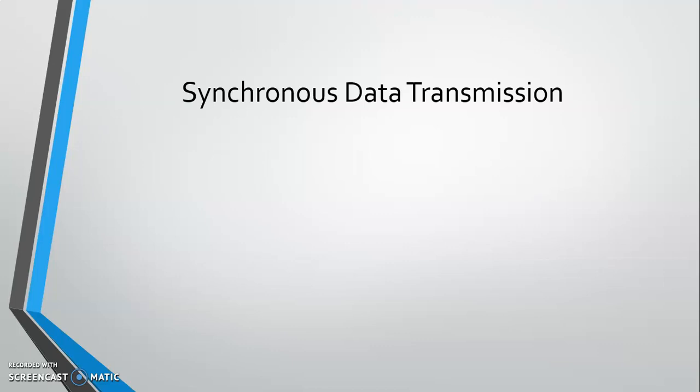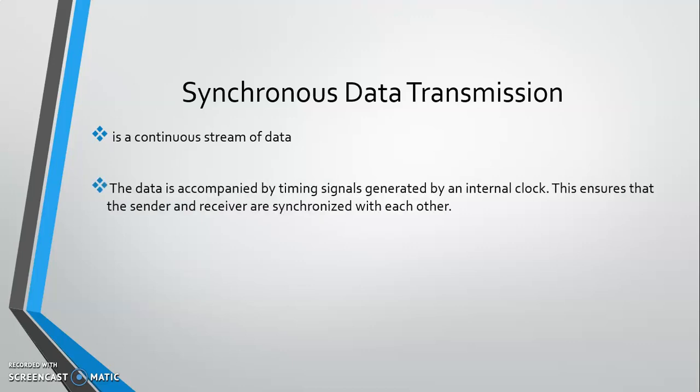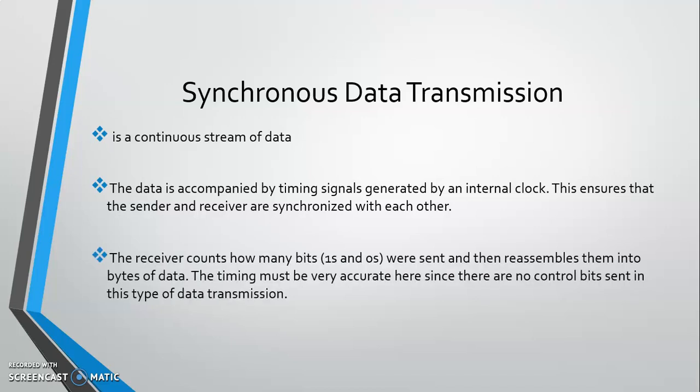Okay, now we have synchronous data transmission. Synchronous data transmission is a continuous stream of data. The data is accompanied by timing signals generated by an internal clock. This ensures that the sender and receiver are synchronized with each other. The receiver counts how many bits 1 and 0 were sent and then reassembles them into bytes of data.